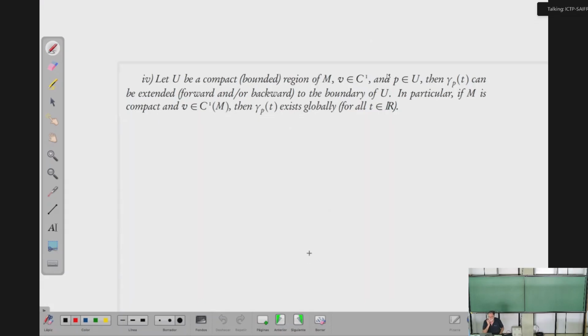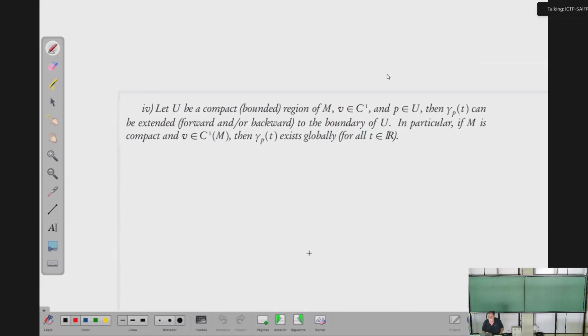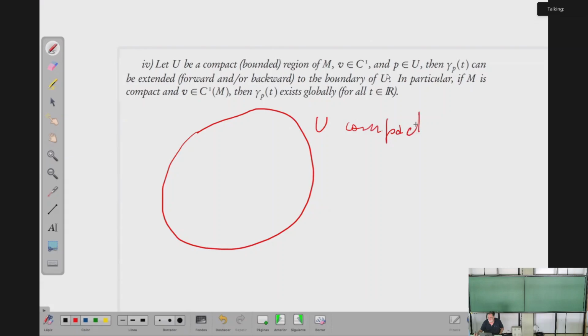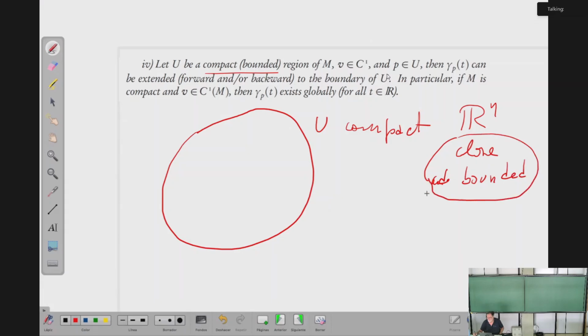So the fourth point is the following. Suppose I have a region U here, compact. In the case of Rn, we know that compact means closed and bounded, with the usual topology.